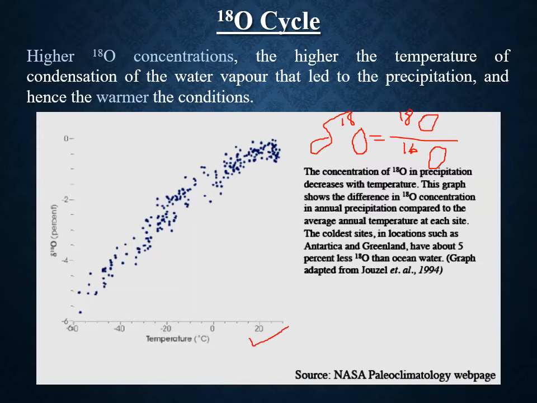During that time, mainly the 16O, that is the lighter isotope of oxygen, will go into the vapor state. Most of the 18O will remain in the ocean water. So the precipitation that occurs in the polar regions will be depleted in 18O.